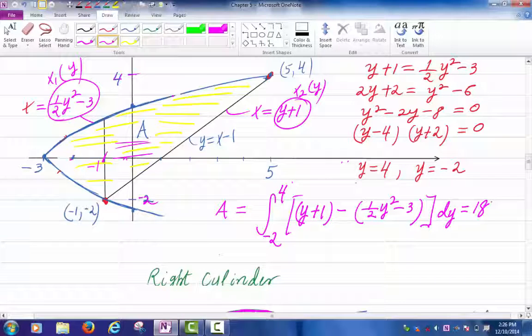Well, think about negative 1. If I divide the region right at negative 1, then the right hand side is a type 1 region because it is bounded above by a function of x, bounded below by a function of x, right? On the left by a vertical line, on the right by a vertical line.